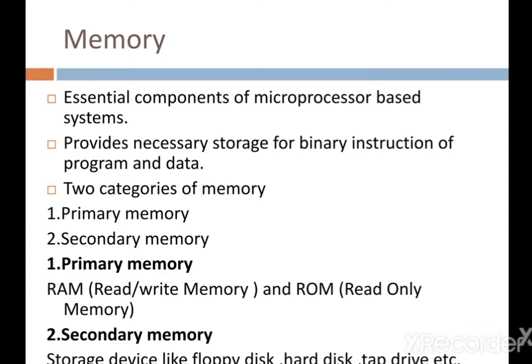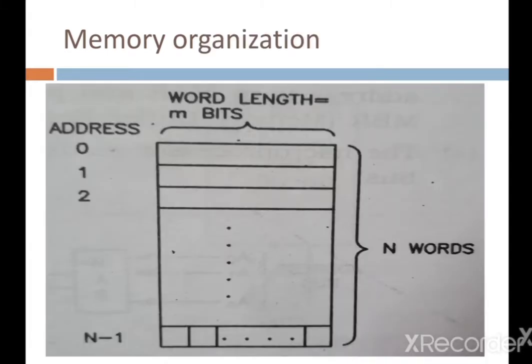Full form of RAM is read write memory, otherwise random access memory, and ROM is read only memory. As secondary memory, storage devices like floppy disk, hard disk, tape drive, etc. are used.